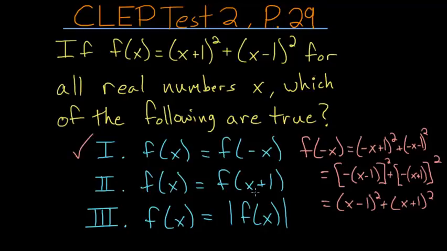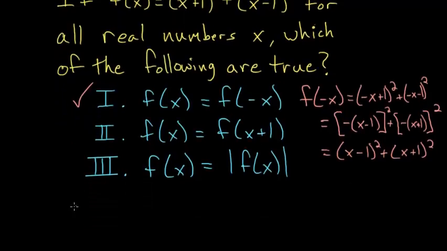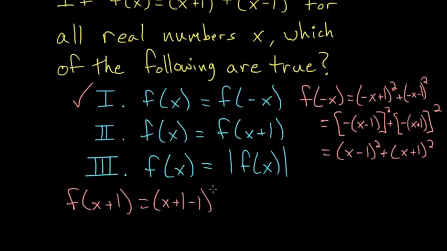Now let's check number 2. We're just plugging x + 1 into the function anywhere we see an x. So doing that, f of x + 1 is equal to (x + 1 − 1)² + (x + 1 + 1)².